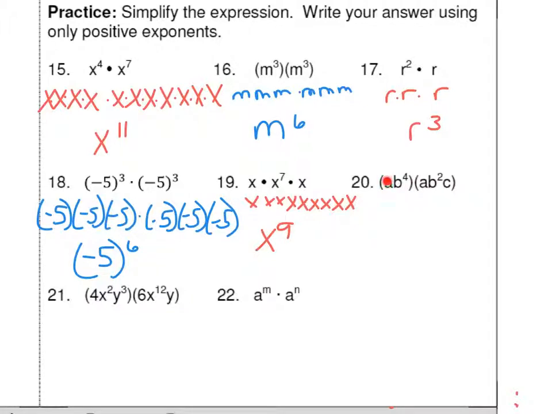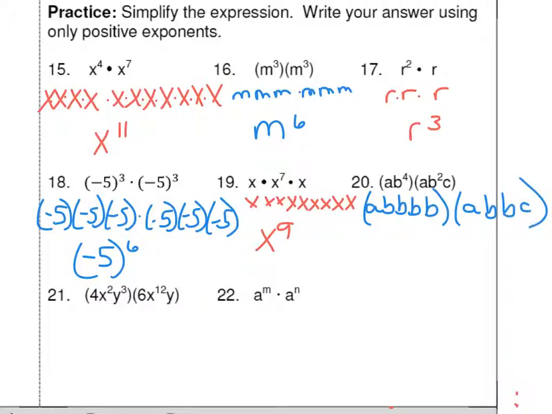So when I expand this out, I have 1 a and 4 b's. Then when I expand out my second one, I'm just going to go ahead and put it in parentheses. My second one, I still just have 1 a, I have 2 b's, and 1 c.